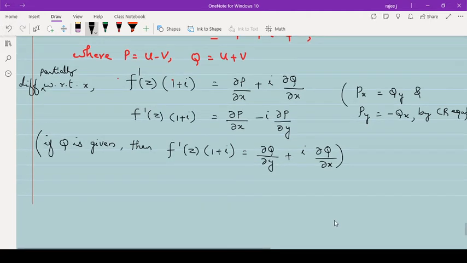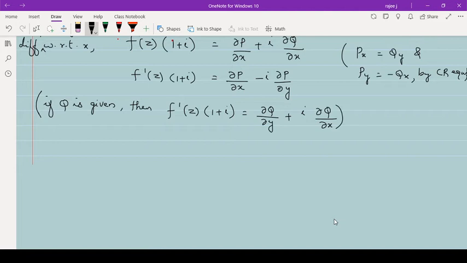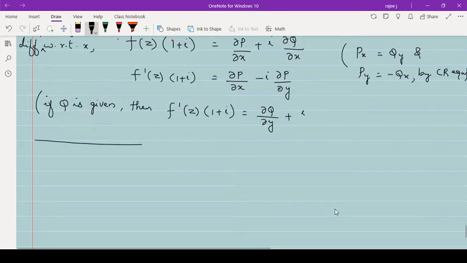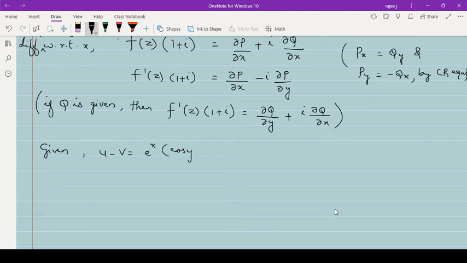Okay, so now what is given in this question? This is some part of that only, so you need not write it always. Now here it is given: u minus v is equal to e raised to x into cos y minus sin y.